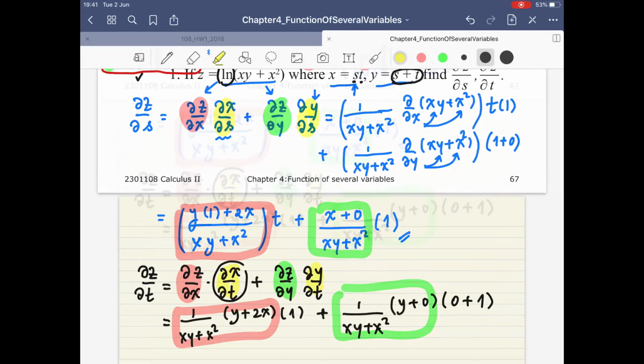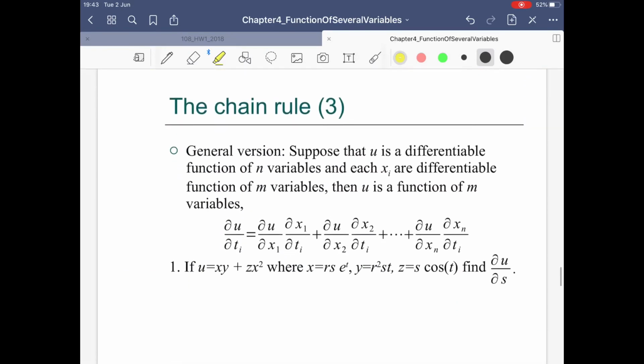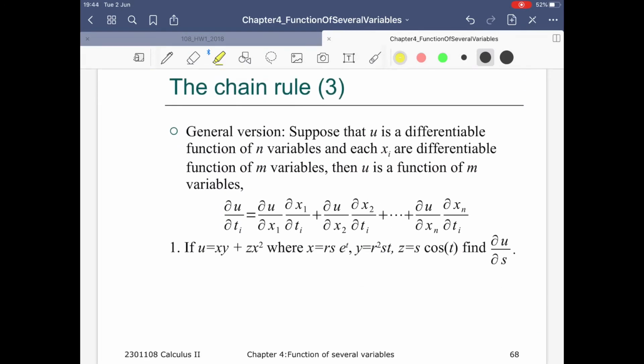All right, now we can elevate ourselves a bit by using several more variables. For example, if it's a function of n variables, not only 2 or 3 but n variables, and each of the xi of u, so it means that your u depends on x1, x2, x3, etc. up to xn.